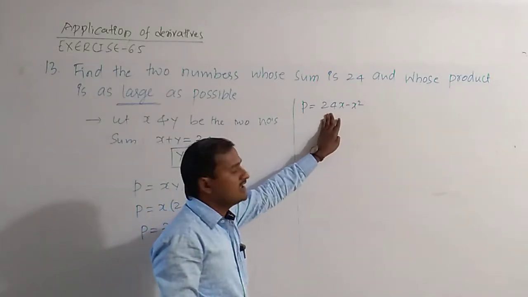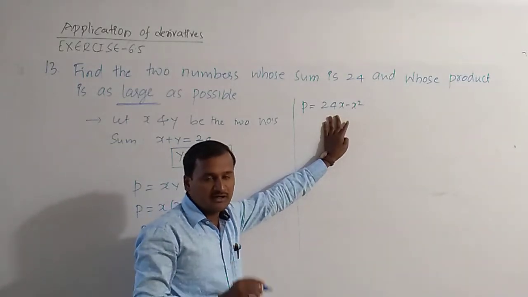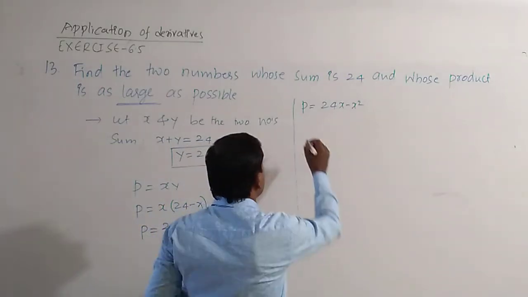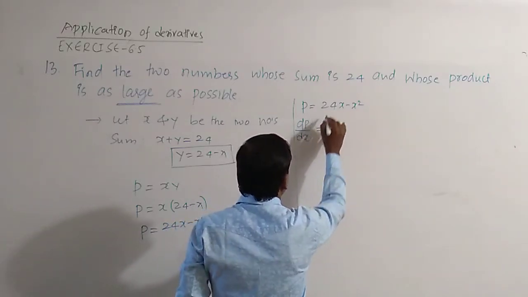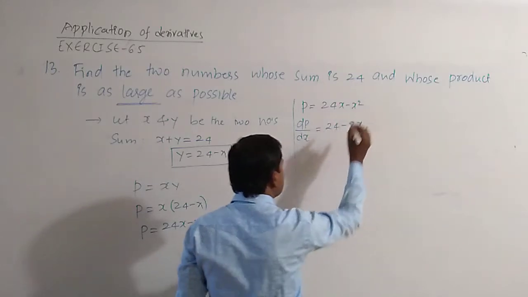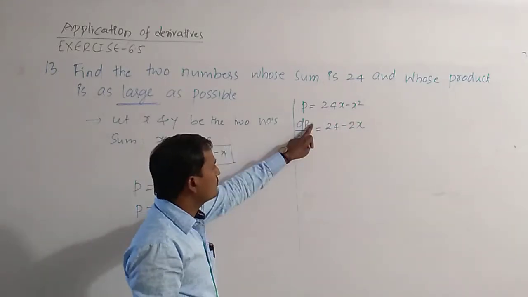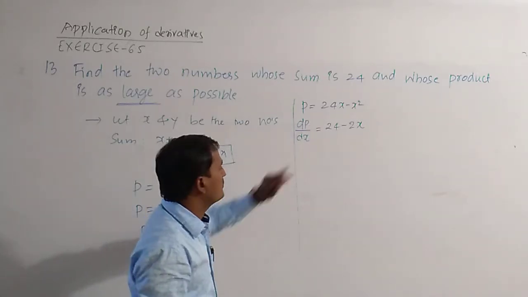Now I will differentiate this with respect to x to get the critical point. So here we are getting dp upon dx is equal to 24 minus differentiation of x square, which is 2x, right? Now to get the critical point, I should substitute dp upon dx equal to 0.